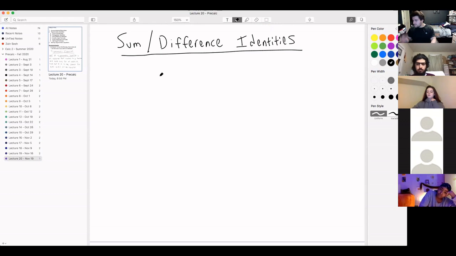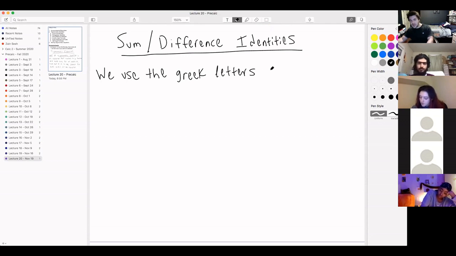All right, so here we go. Firstly, just a quick bit of notation. We use the Greek letters alpha, which is written like this, and beta, which is written like that.